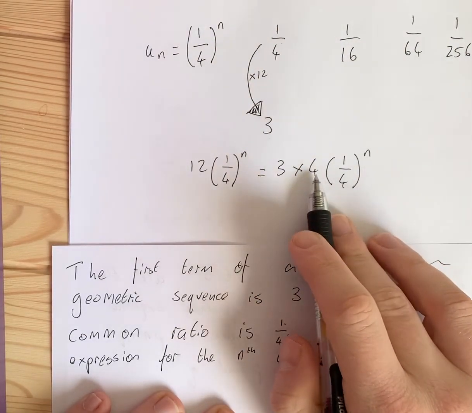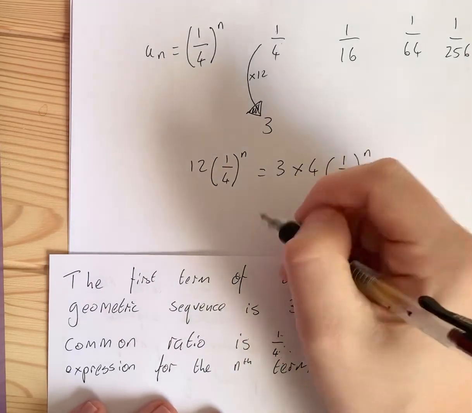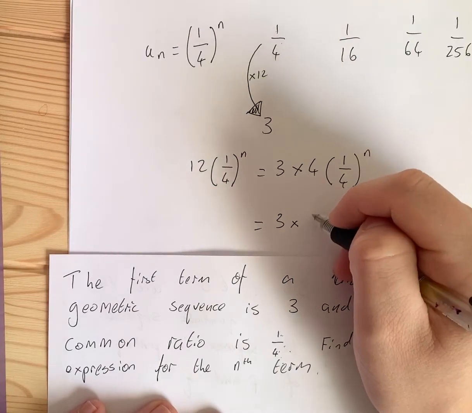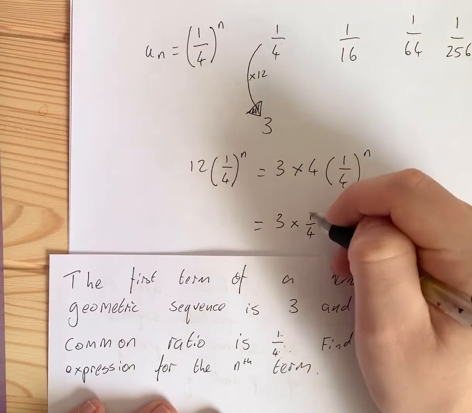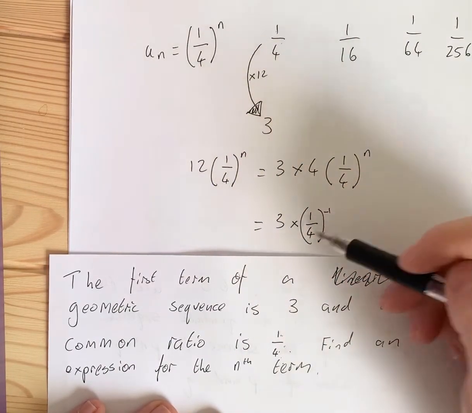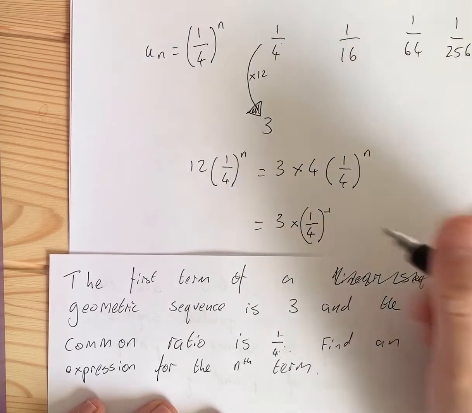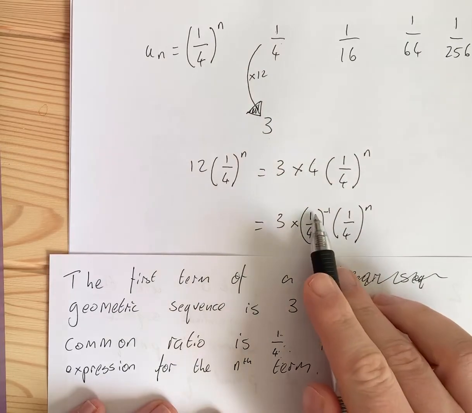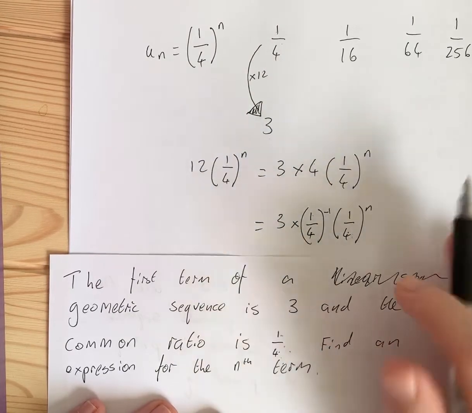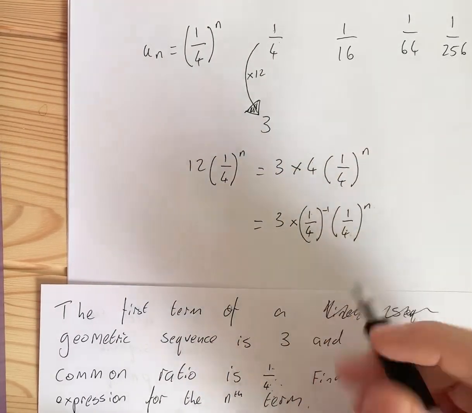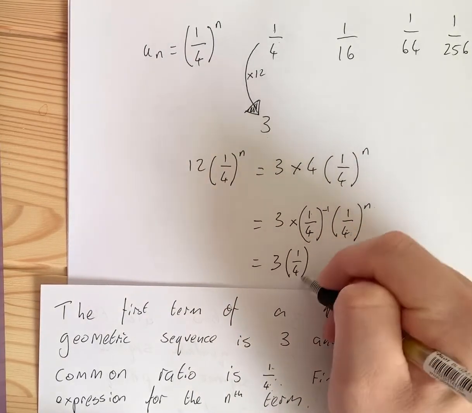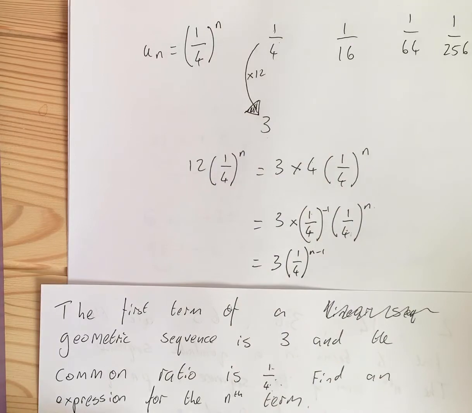I can rewrite this thing as 3 multiplied by 1 over 4 to the minus 1. 1 over 4 to the minus 1 is 4, multiplied by 1 over 4 to the n. We've got the same base, the same big number, so I can add the powers, which will give me 3 times 1 over 4 to the n minus 1.